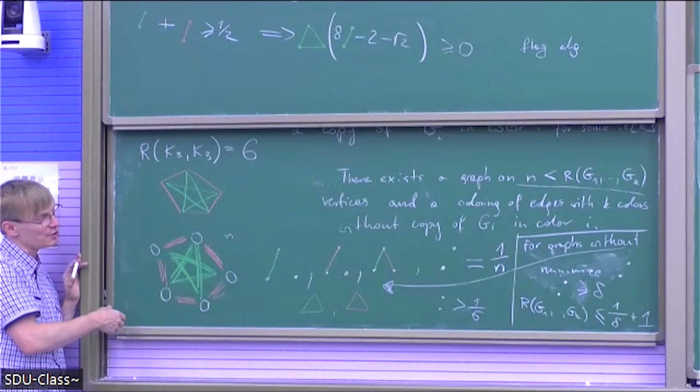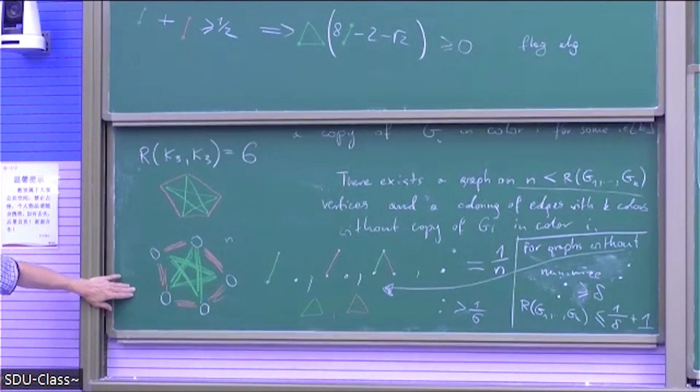So there cannot exist a 6-vertex Ramsey graph.